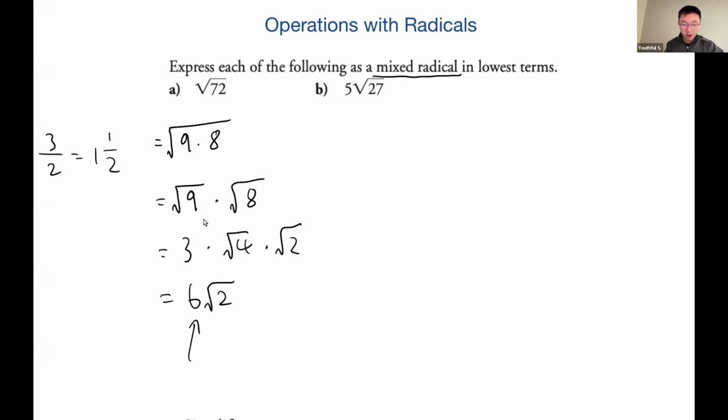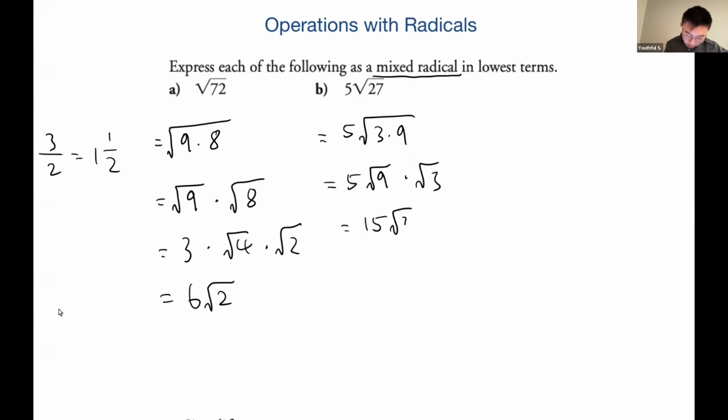You have a non-radical mixed with a radical. So again, we can do the same thing here. We have 5 times the square root of 3 times 9, which is just 5 times the square root of 9 times the square root of 3. That's equal to 15 root 3.